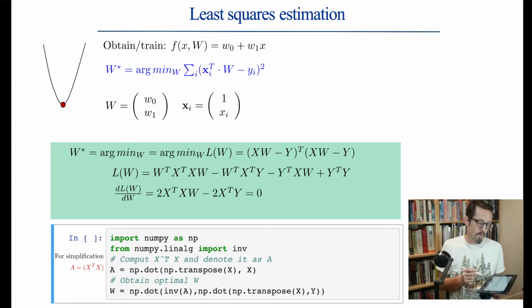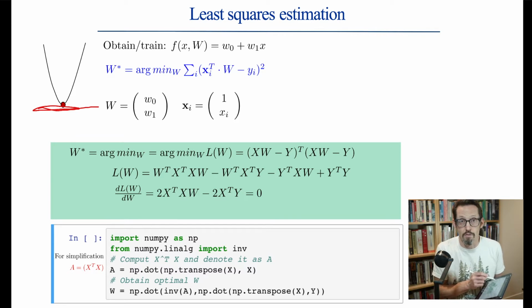Now remember, what we're trying to do, let me draw again, is that there's this global minimum, this bottom, this weight, which is going to give us the very bottom of the loss curve. Okay? Well, how do we know when the bottom of that loss curve is found? Well, this is the tangent line right there.